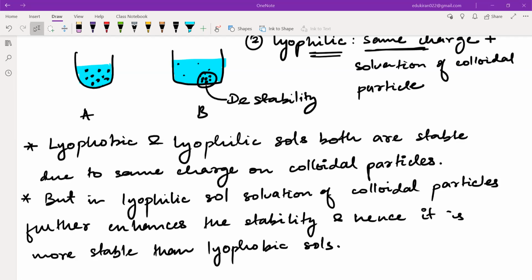Let me know if you have written the 2 points. It is done.